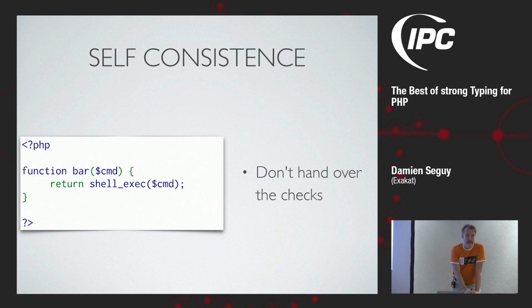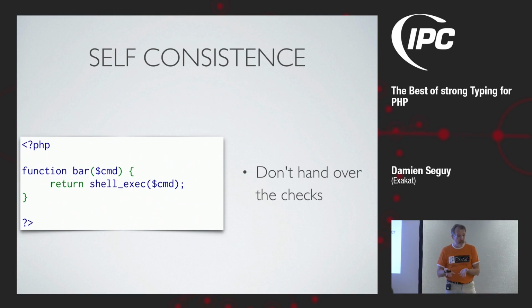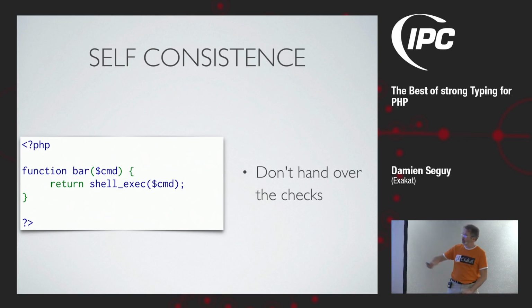So it's not consistent. It's actually handing us the work of deciding what to do if the shell_exec fails. Here we say, I don't know what to decide if the shell_exec fails, so I will just give that to the next one. Whoever is calling me will have to do the checking on the result. And if they fail, then it will just bubble up until someone says, oh, I get a null, I cannot do anything with that.